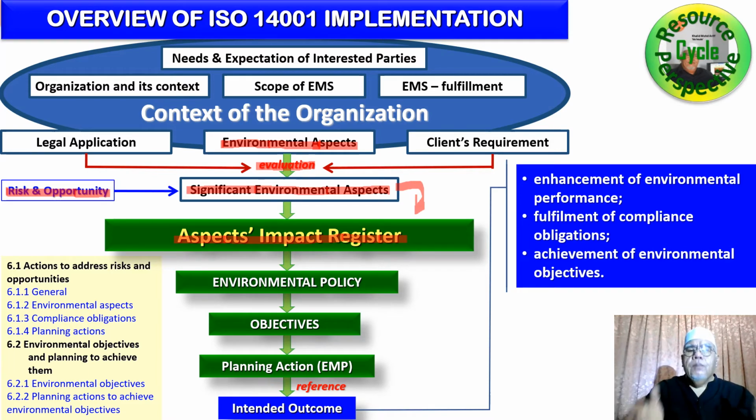Once this is done, now as a company, as an entity going for the ISO 14001 certification, you know what you're dealing with. Remember, an environmental management system is about managing environmental aspects. Here you are, by fulfilling compliance obligations, it is all there in the dashboard, and addressing risk and opportunity.